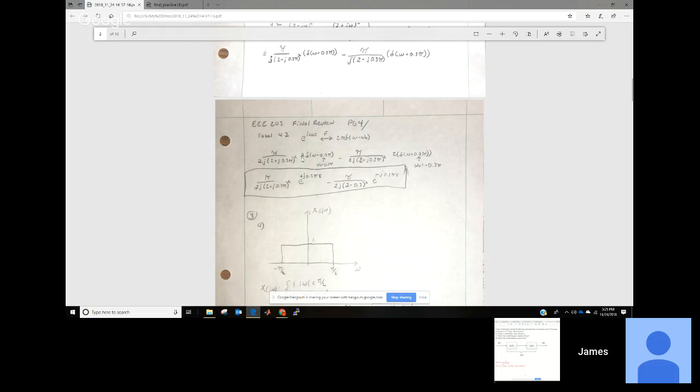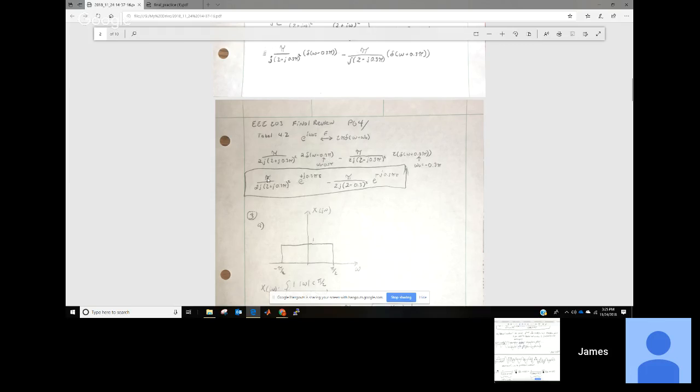Yeah, and my answer is wrong because the pi came over, so this should be 1 and 1, not pi. So anyway, this 2 pi is up here, and I just put a 2 in the denominator to get the 2 in the numerator to get it into the form that we need to do the inverse Fourier transform. So we know our omega naught is 0.3 pi.